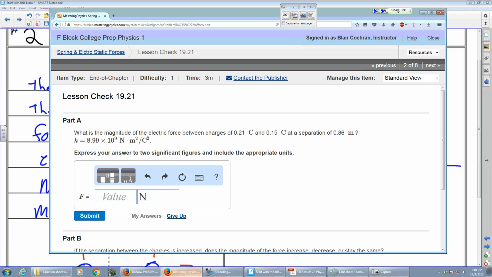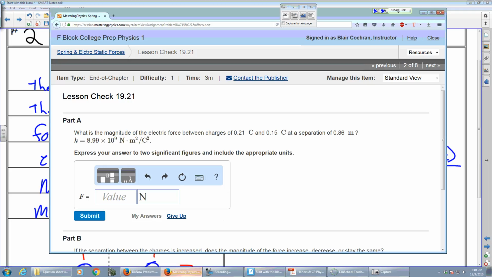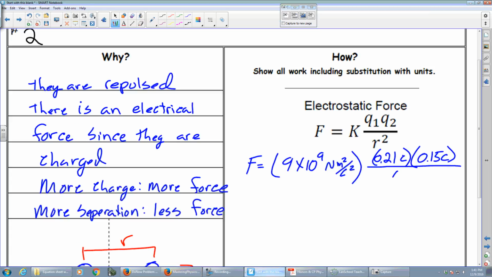And then I'm going to use the 0.15 coulombs, my second one. And then let's see, how much are they separated? 0.86 meters. Do I need to change that to centimeters or kilometers or anything? Meters is what we use.